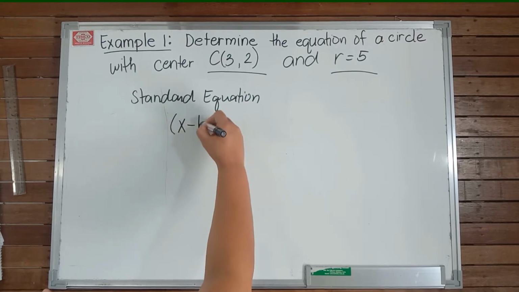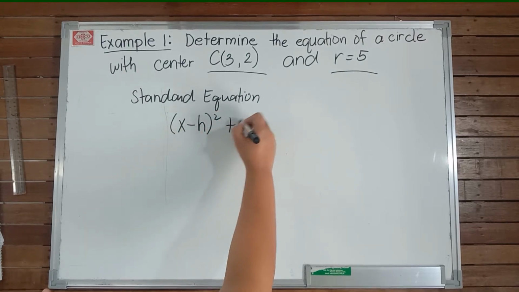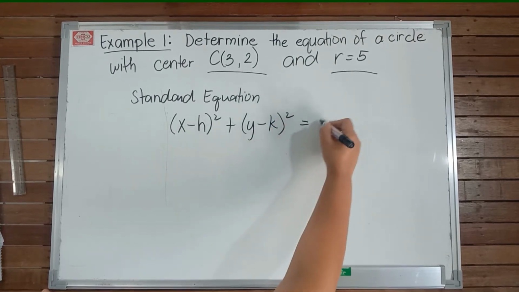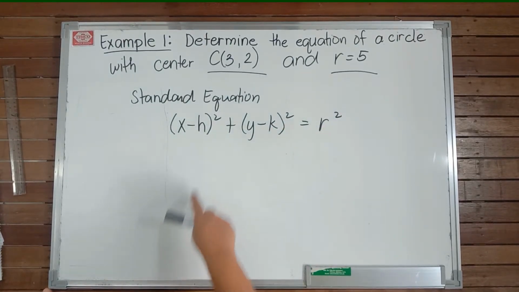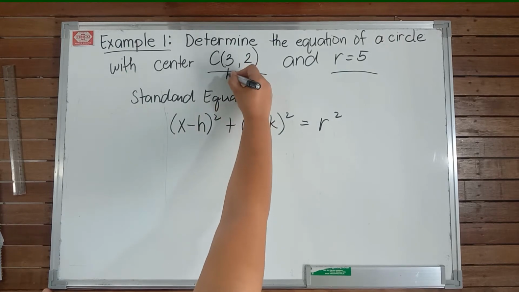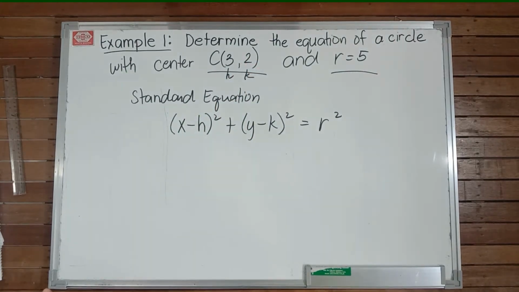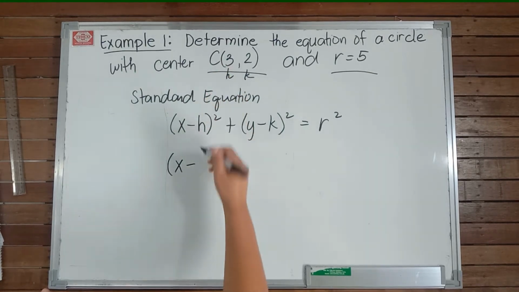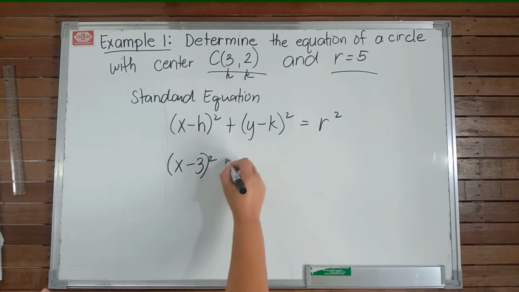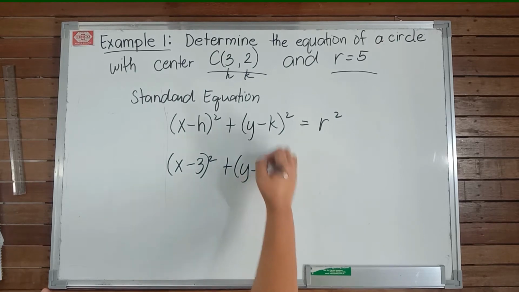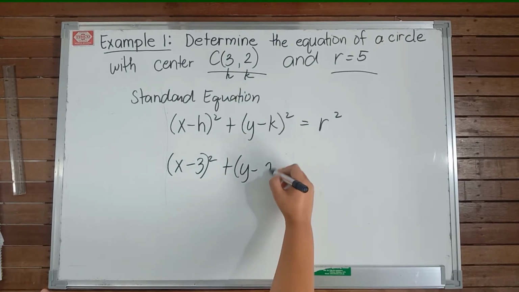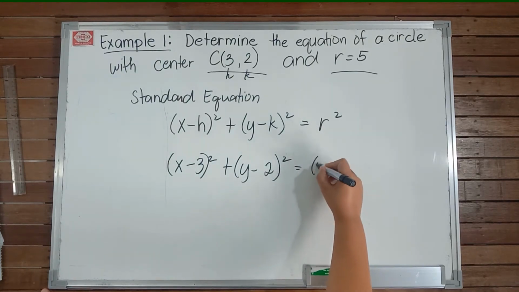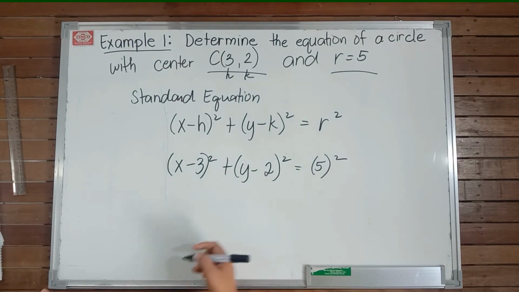So, x minus h squared plus y minus k squared equals r squared. So, that is 3 is our h and 2 is our k. So, substituting the value in the formula, we have x minus 3 squared plus y minus 2 squared equals, our r is 5 and we're going to square it also.